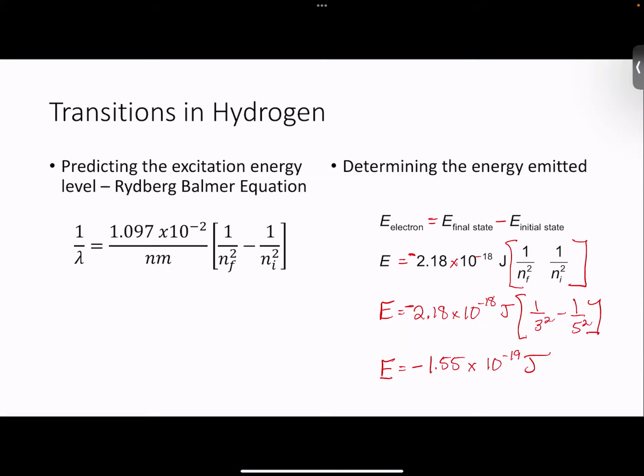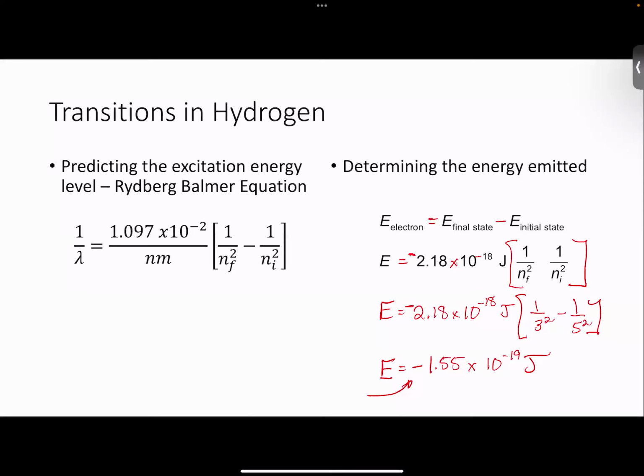A lot of times when you've worked in math, you think of negative and positive in a different light than the way a chemist tends to think of negatives and positives. What this means when we have a negative is it's telling us whether energy is generated as a result of the process or whether it is absorbed as a result of the process.